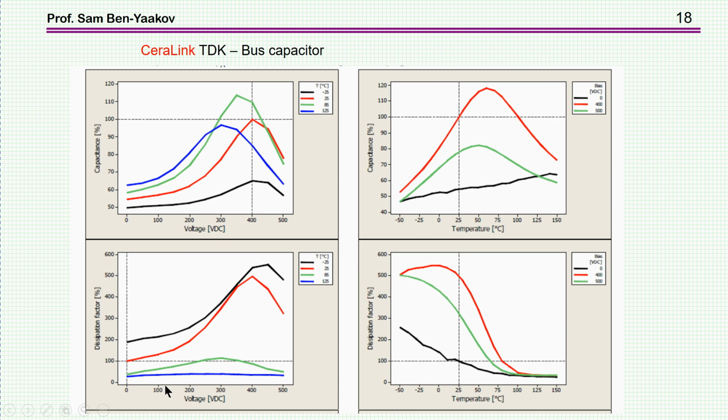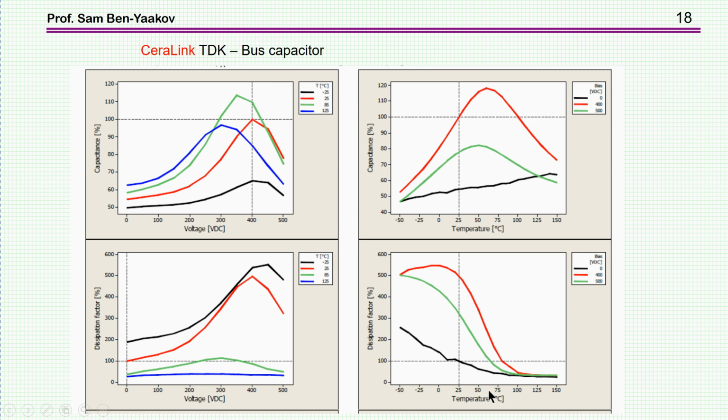This is now a function of bias voltage. And you see that you get good numbers for the blue one, which means 125 degrees centigrade, okay? The black one, or say the red one, which is 25 degrees, here it's not very good. At these voltages, it's a very large dissipation factor.